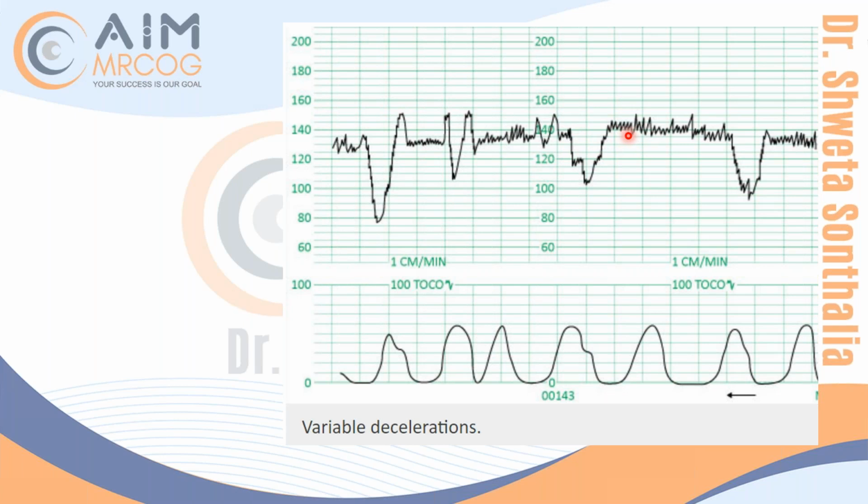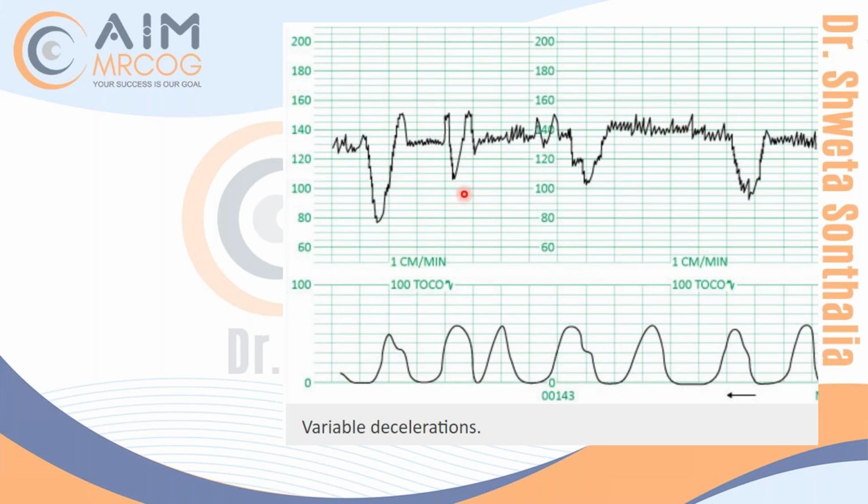So that's fine. Anything falling in that range is fine. Up to a 15 beats difference in baseline, we don't consider it significant. But if it is more than a 15 beat change in the baseline, we take it very seriously. So a rising baseline is also bad. Anything within a 15 beats difference is fine. So here it is starting at 130, going up to 140, which is perfectly acceptable.